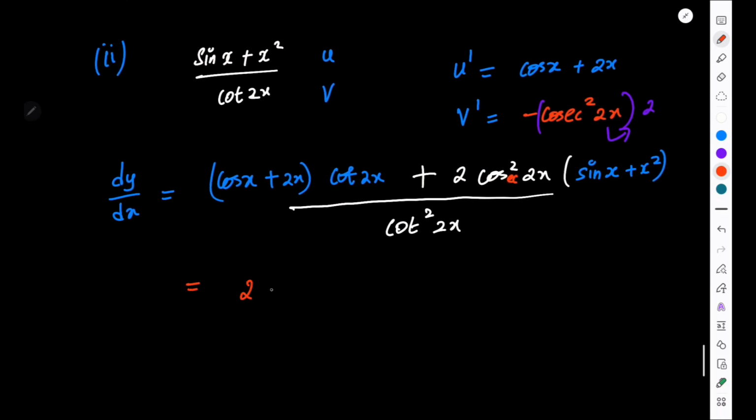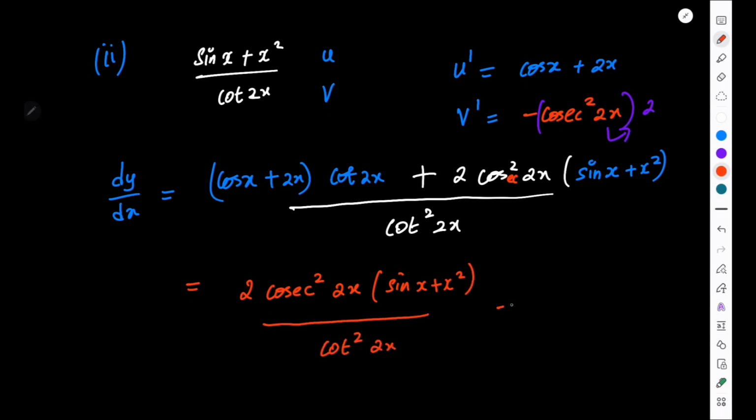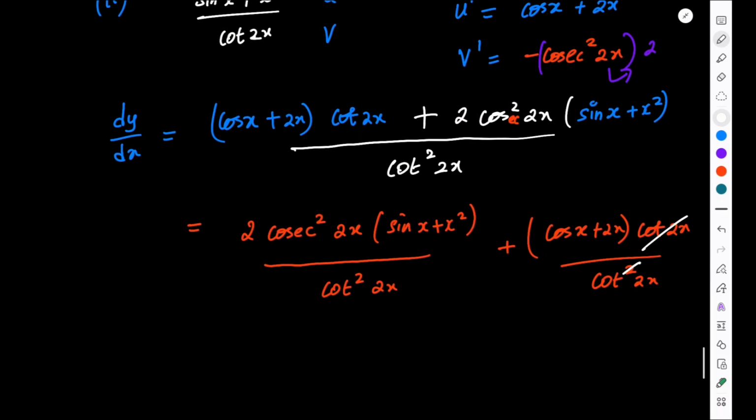So 2 cosecant square 2x into sin x plus x square divided by cot square 2x plus cos x plus 2x cot 2x divided by cot square 2x. You can cancel this, right? And cancel this one and the square, right? So that is what you will get in the numerator.